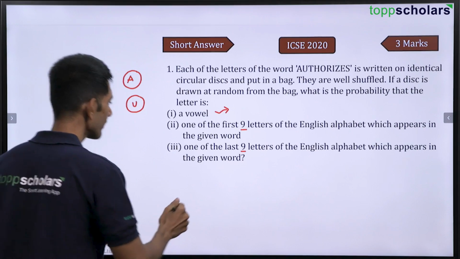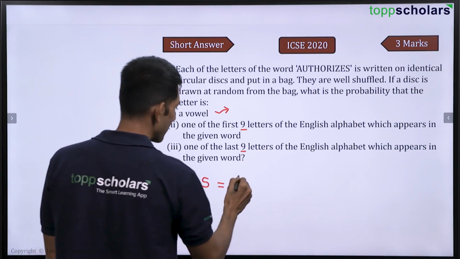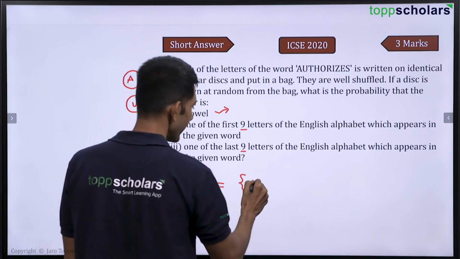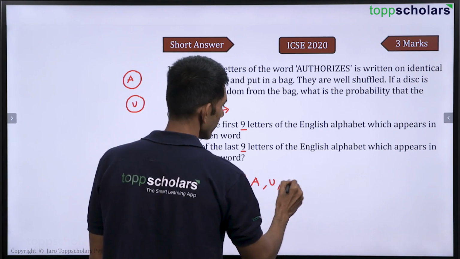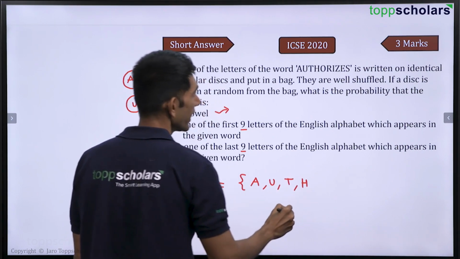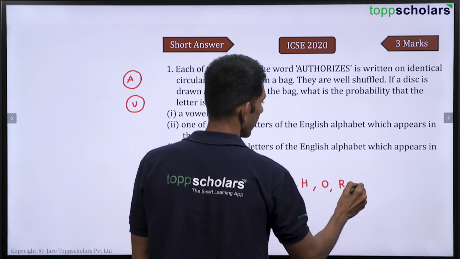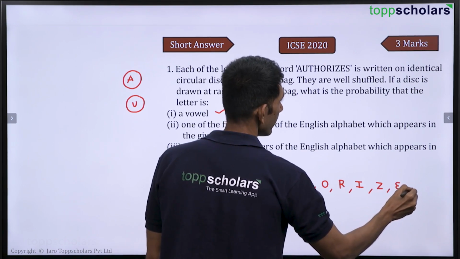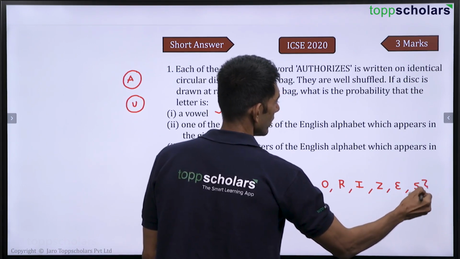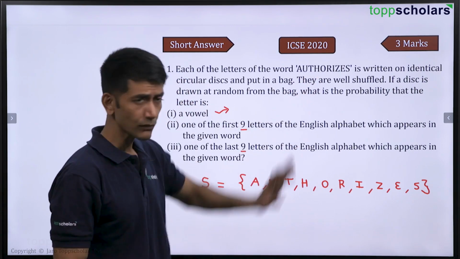So if I talk about the sample space, let's talk about the sample space here. So in sample space, can I say I'll have A, U, T, H, O, R, I, Z, E and S, because these are the only letters in the word "authorizes".